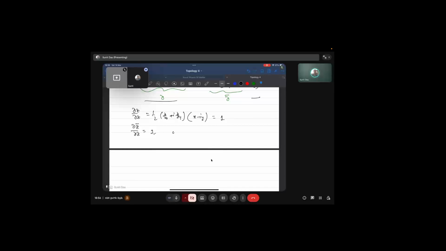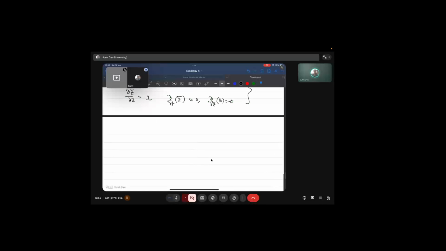If you calculate del z of z bar, this will be 0, and del z bar of z, again it will be 0. So these are the four relations we get by defining these operators.